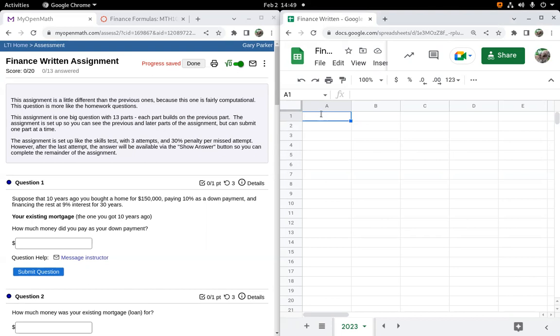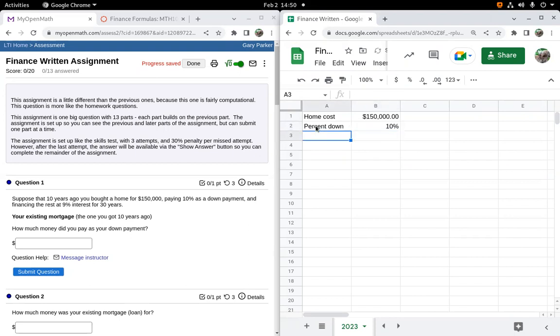We have the home cost, and that is $150,000. And let's format that as currency. I have enough zeros there, good. And then we have a percent for down payment. That's going to be 10%.